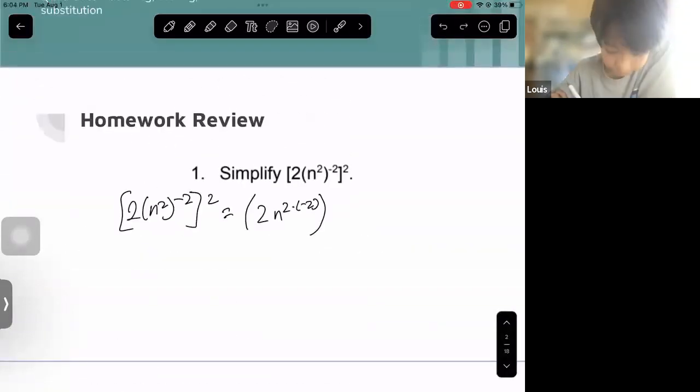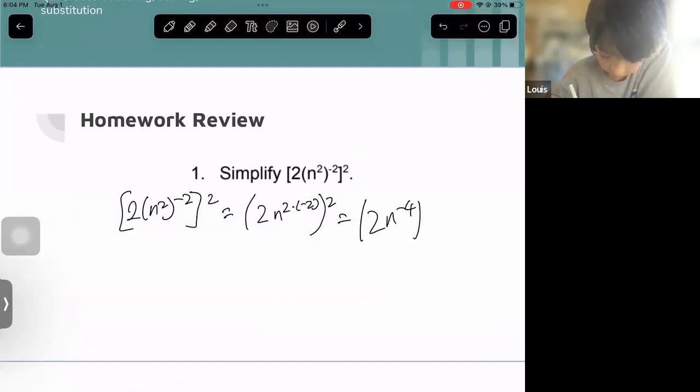Okay, and then squared. So this would equal 2n to the negative 4 squared, which would then just give us 2 squared equals 4. So it's just 4 times n to the negative 8.